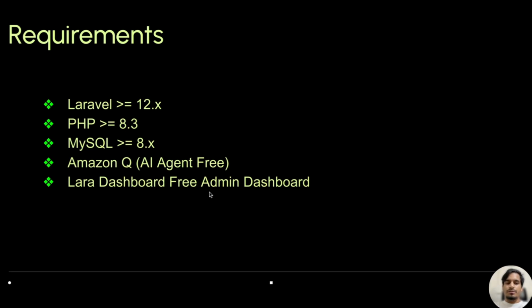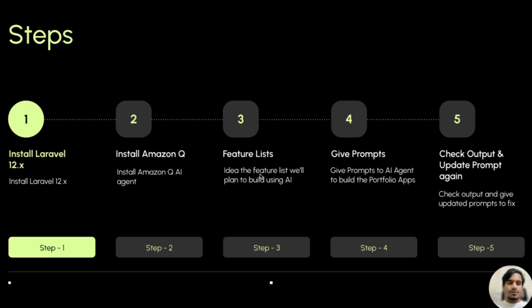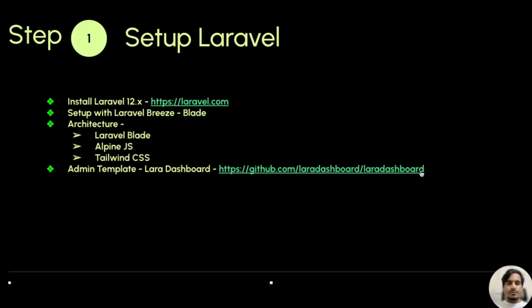And our steps will be: first we will install Laravel 12.x with Lara dashboard admin template, admin setup, install Amazon Q, then show our feature list from our idea boards. We'll give prompts to Amazon Q, and then we'll check updates and update prompt again. So let's start.